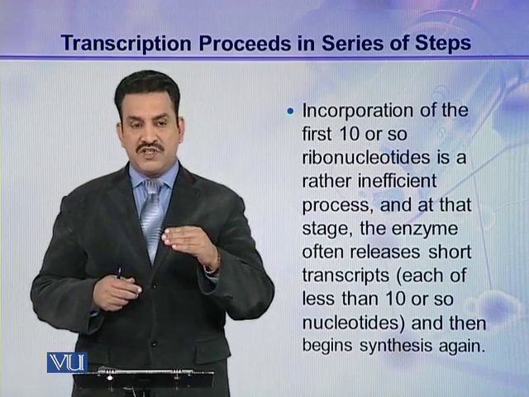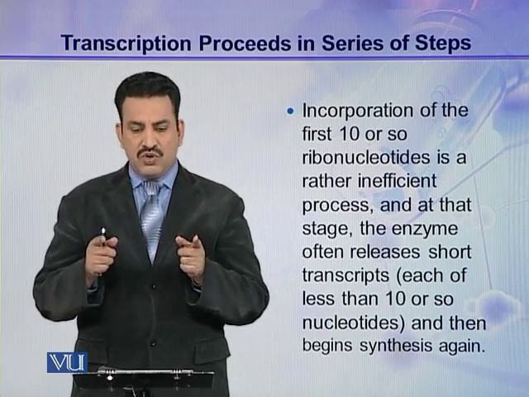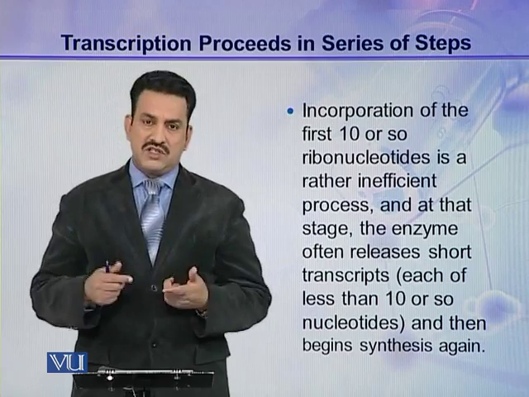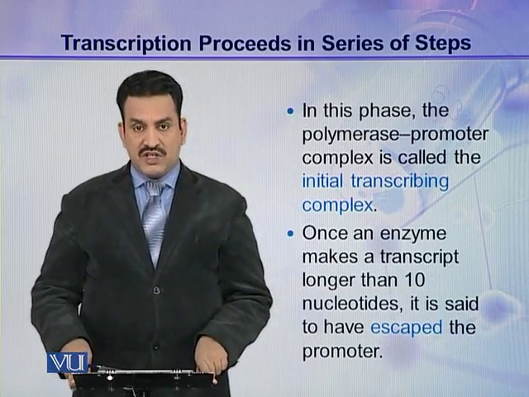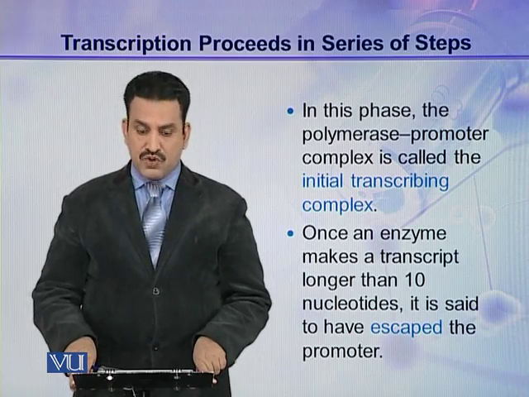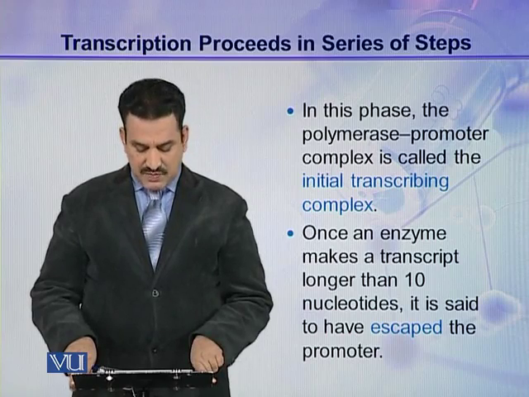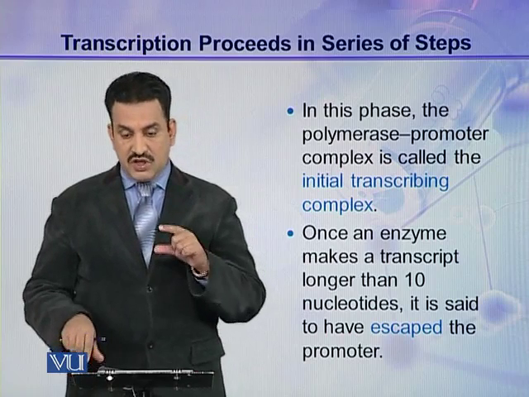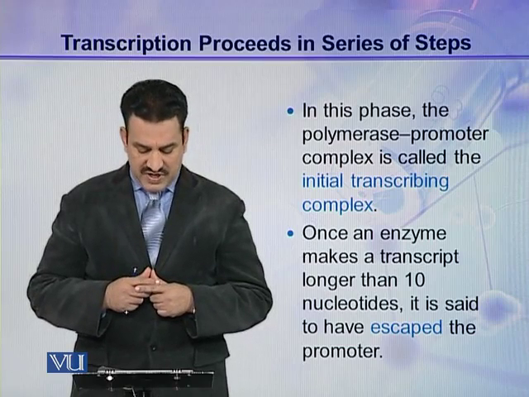So the first synthesis of about 10 nucleotide long transcript is inefficient. In this phase, the polymerase-promoter complex is called the initial transcribing complex.